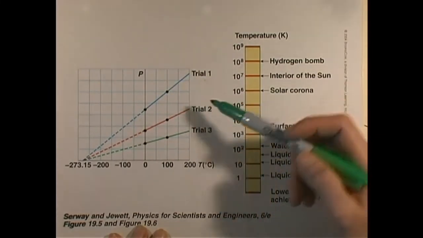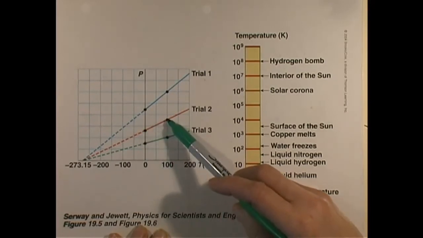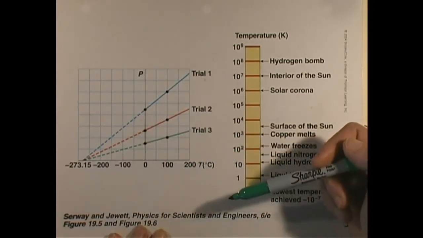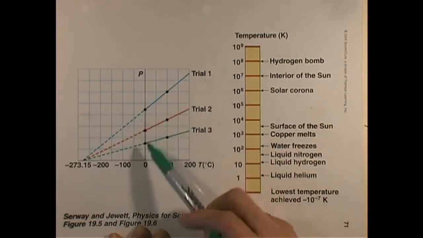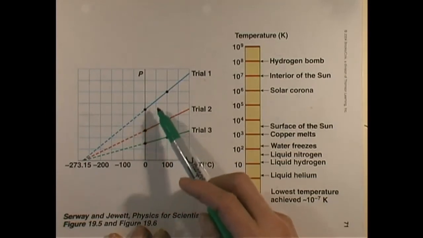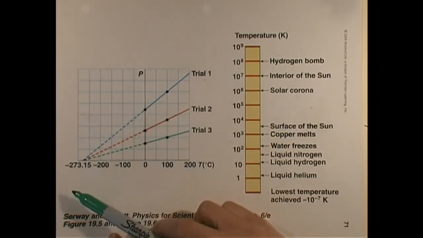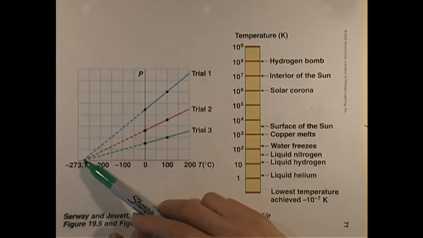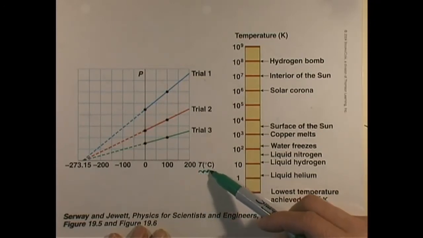Choose another gas, we do the same experiment at 0 degrees for the ice point, 100 degrees for the steam point, and get the red one. And the third one is the green one. If we extend the blue, red, and green straight lines, it is very interesting. They all end at negative 273.15. Obviously that is in the Celsius scale.